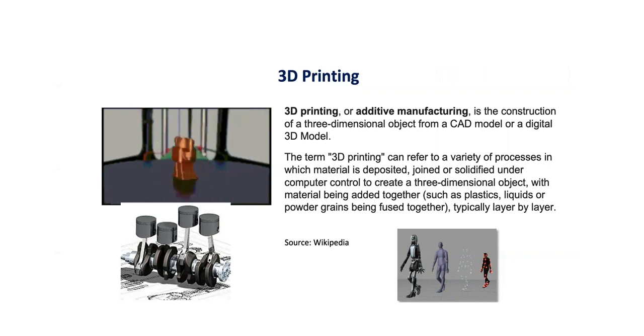The internet is working as a catalyzer, an accelerator, an enabler, in order to democratize these CAD models that are available everywhere in an open source mode. So you can download practically anything using this CAD model.